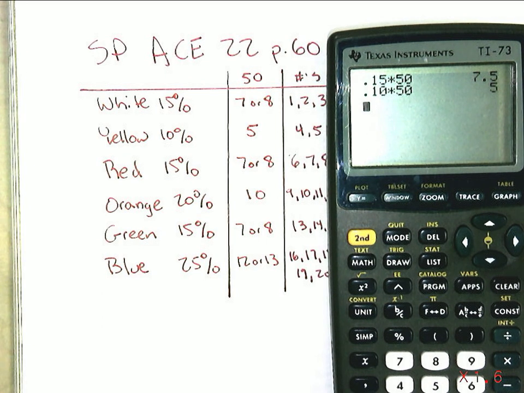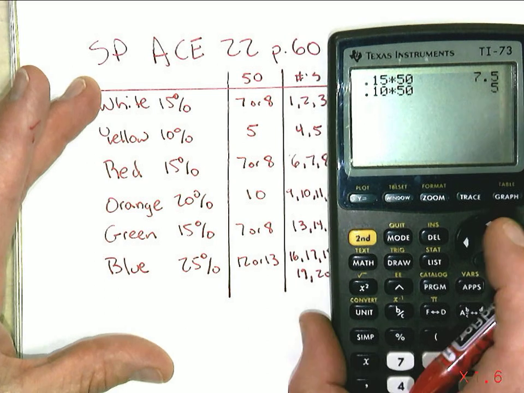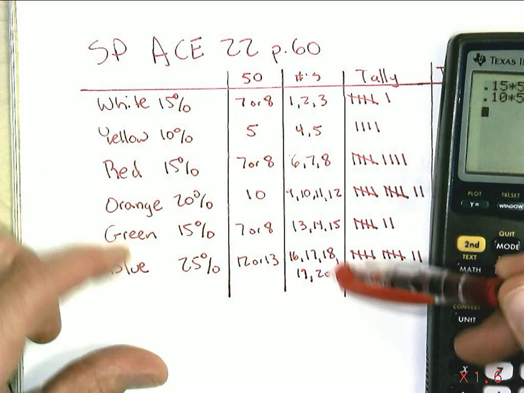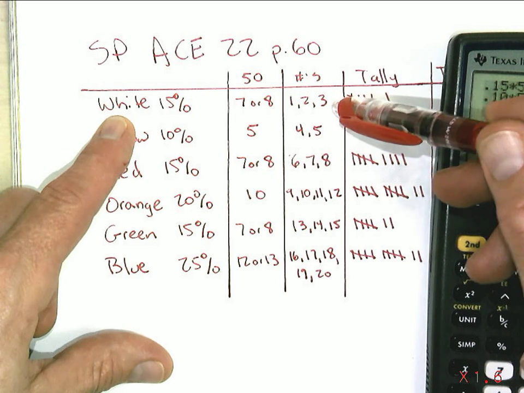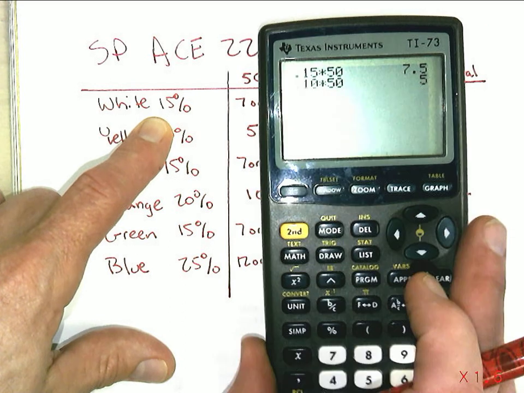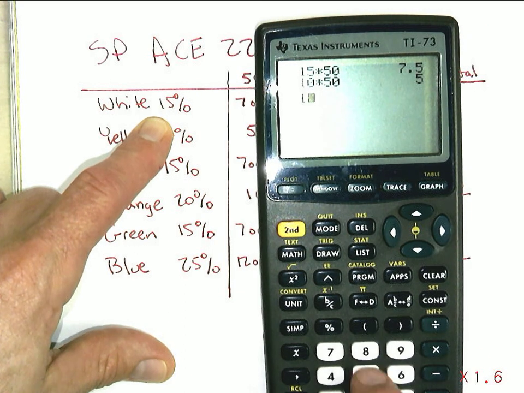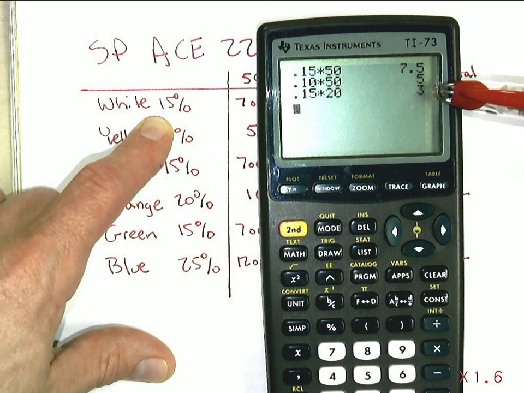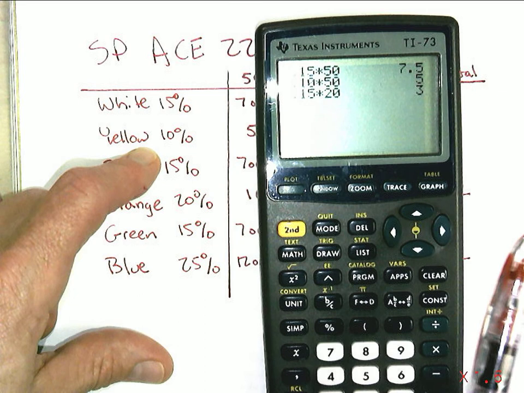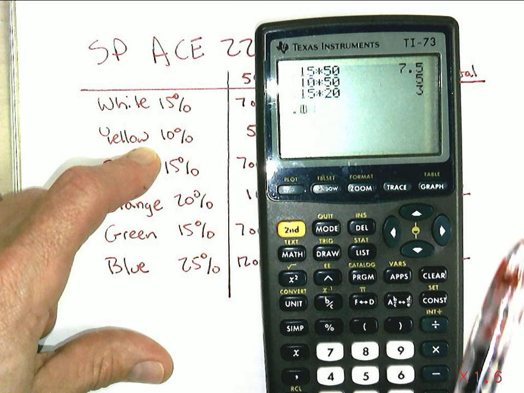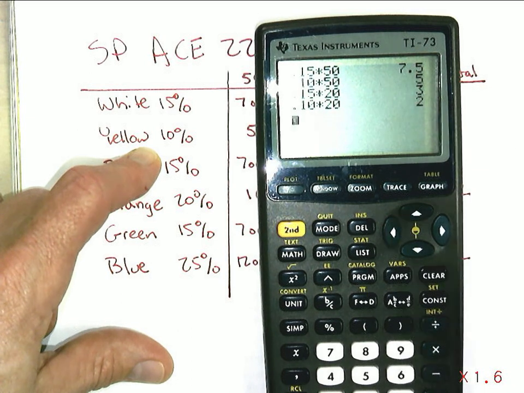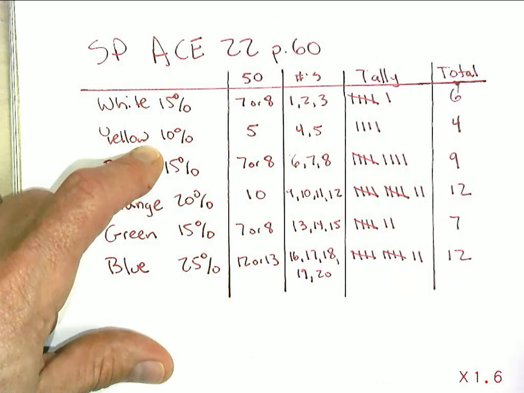Now, the next part of this problem asks you to simulate that using the numbers 1 through 20. So I took the numbers 1 through 20 and broke them down by the percentages. If you take 20, 3 numbers is 15% of 20. 10% of 20, 0.10, is 2 numbers, so the numbers 4 and 5.